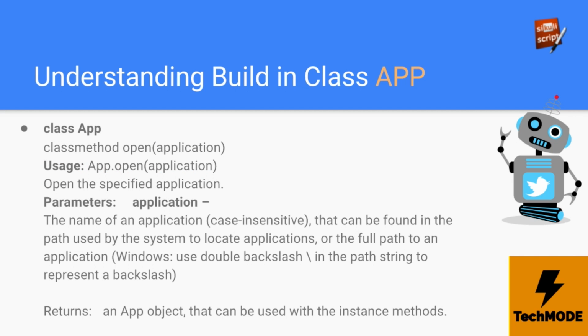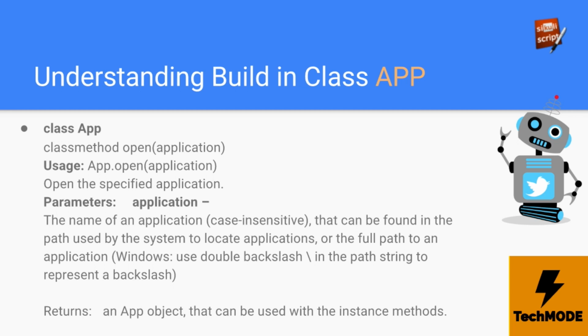So understanding the built-in app class. Sikuli has a built-in class known as App. As you can see on the screen, the simple way to use this app class is App.open, and we have to mention the application name.